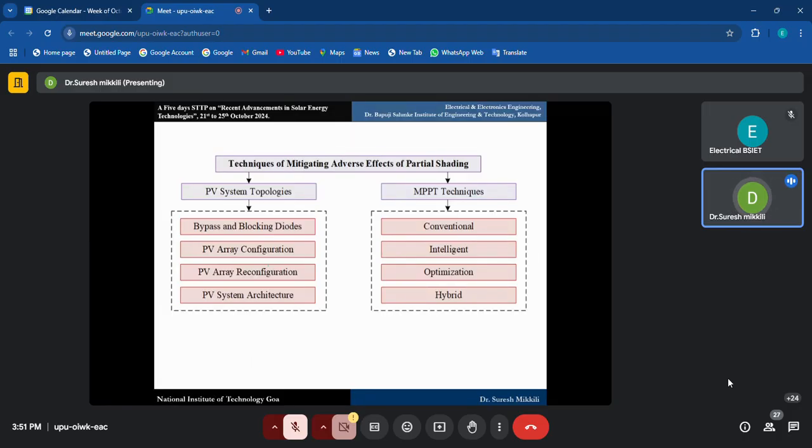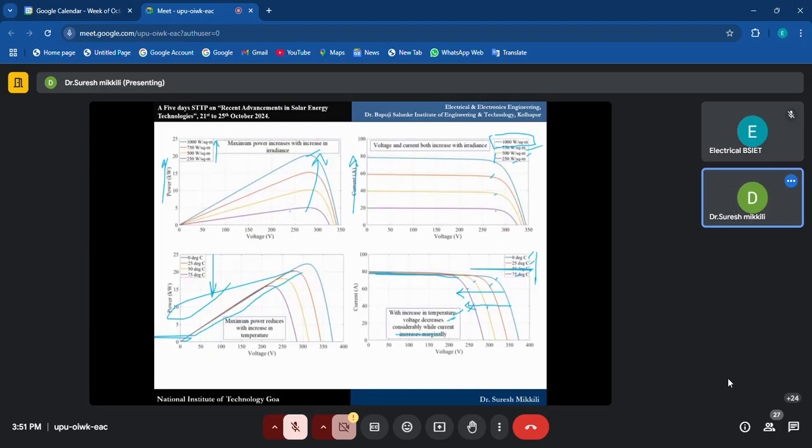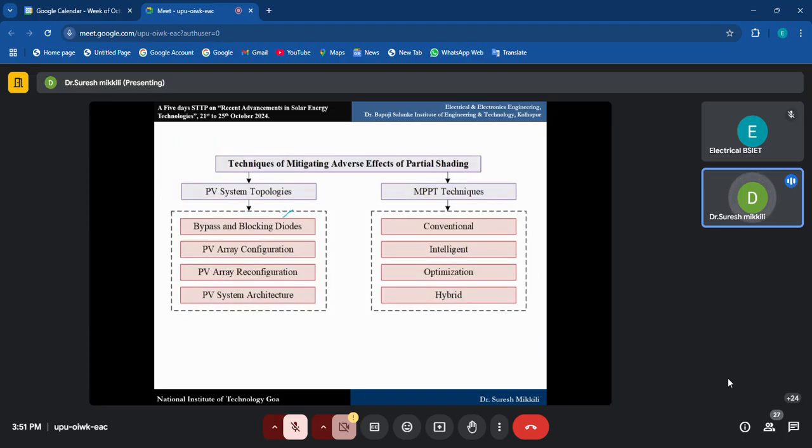We can use bypass diodes as well as blocking diodes, to extract the maximum power. So we can use bypass and blocking diodes, PV array configurations, PV array reconfiguration, PV architectures can be considered properly, and you can even consider different MPPT techniques for all these configurations and reconfigurations.